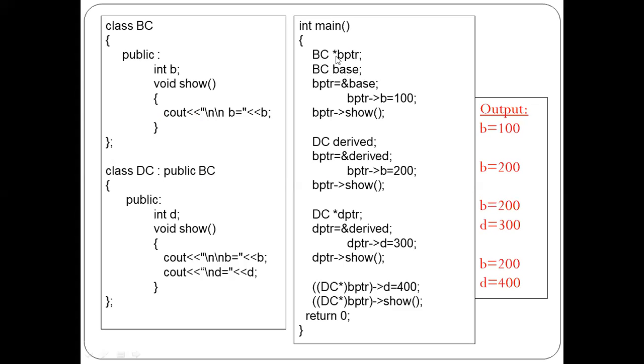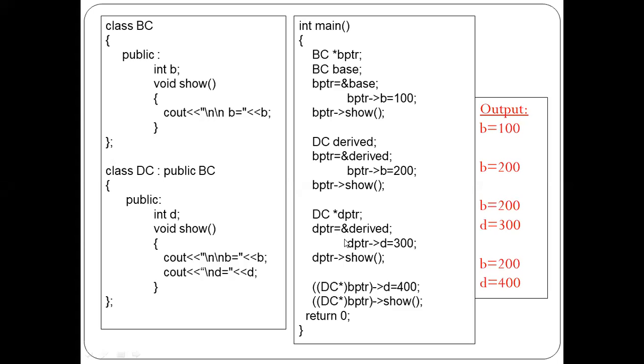This pointer can point to an object of the base class as well as to an object of the derived class. We create one more pointer of the derived class, and that can point to a derived class object.